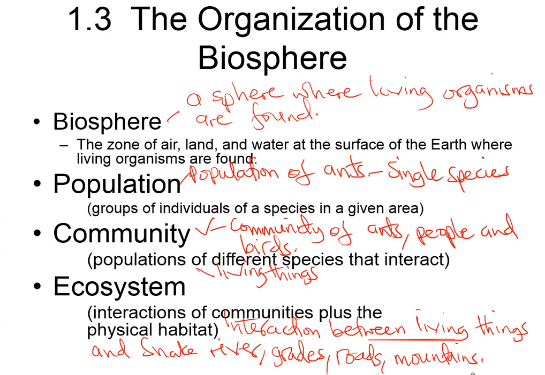The difference between these things I'm talking about: biosphere is just the sphere where these living things are found, while population deals with a single species, how many of the single species there are, while community deals with several species, how many of the several species there are. Ecosystem deals with where these species live and how they interact with their surroundings. So that is called an ecosystem.